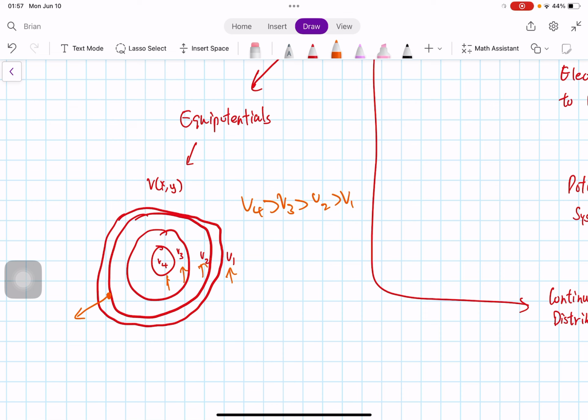So this would be tangent to this line right here, and that is because of the differential form of equipotential.